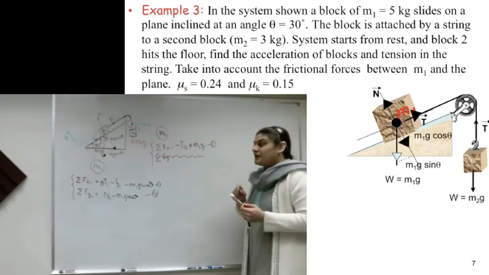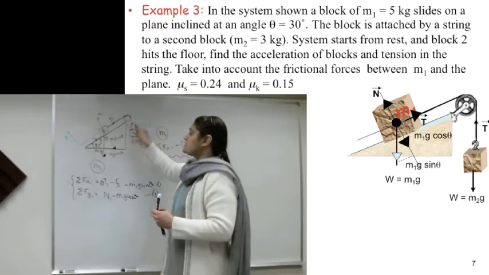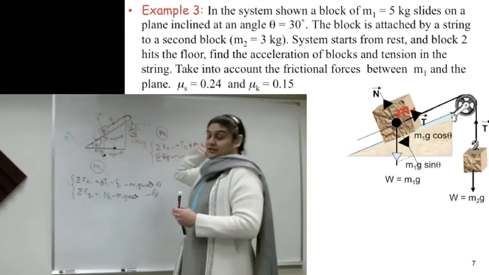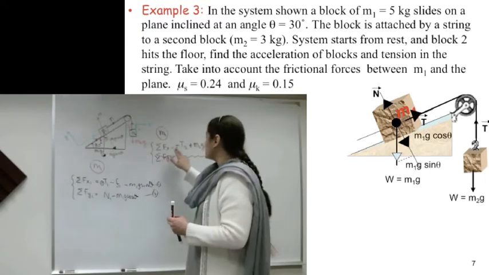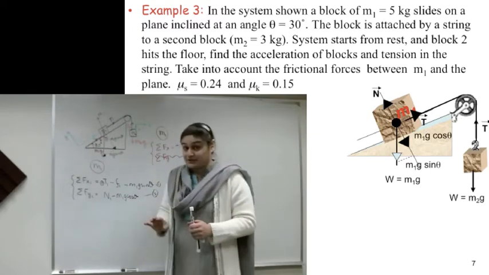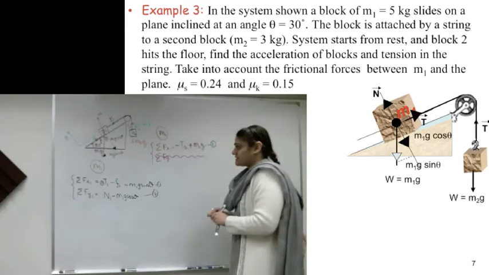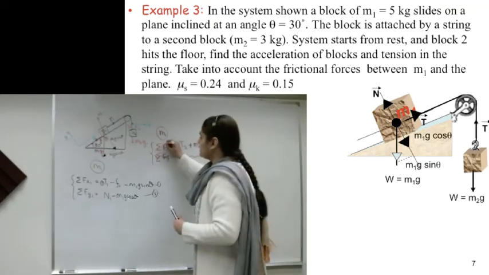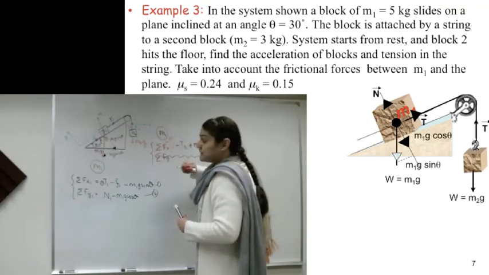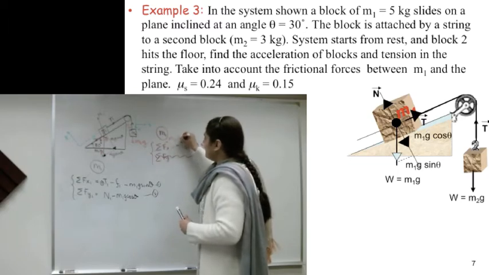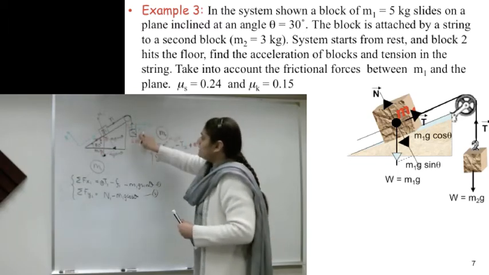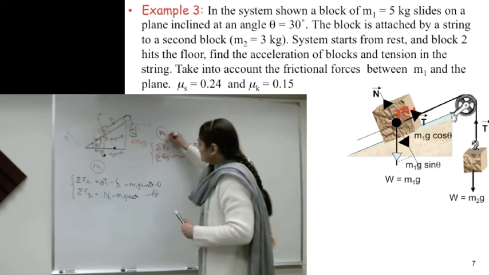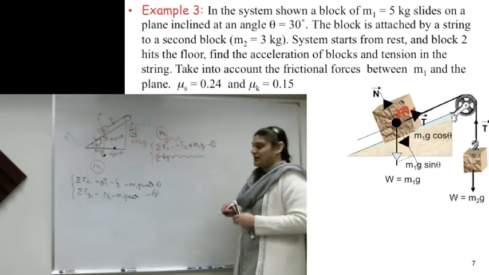Now what do I know? I know since both of these masses are attached together, they should have the same tensions and they should have the same accelerations, right? Because this is an accelerating system. That means I can rewrite this as M2A, and since this is falling down, it is along the positive x-axis. I'm going to call this positive M2A.